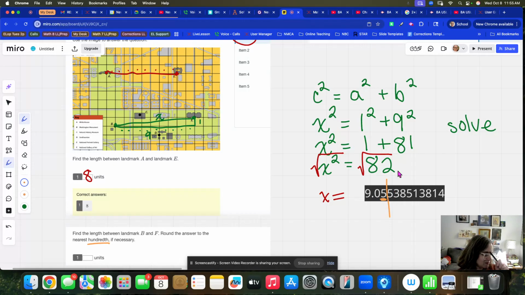All I'm going to know is, was that next door number 5 or more, or was it less than 5? And this one's 5 or more. So we're going to raise the score. That's what the rhyme is: 5 or more, raise the score. We're going to add 1 to the hundredths place.